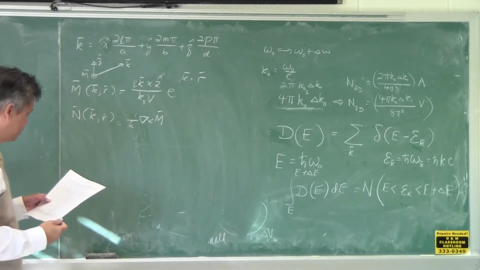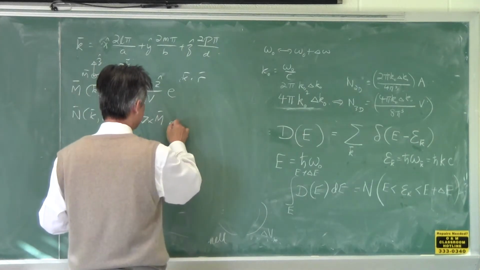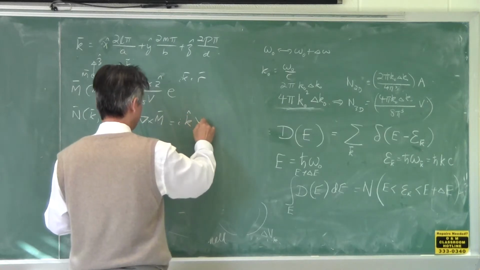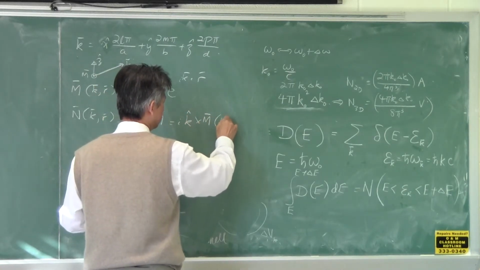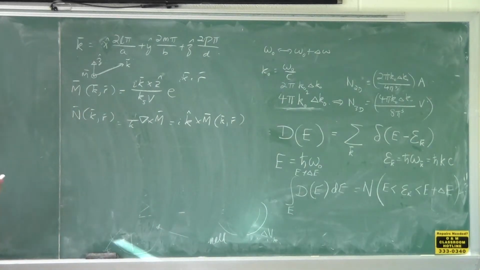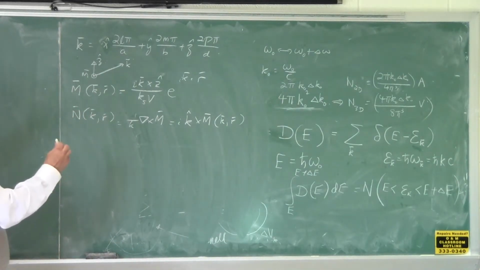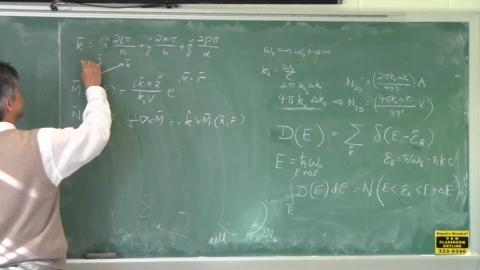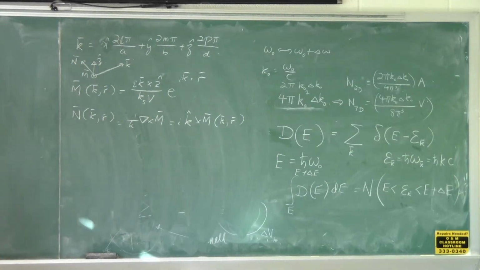If you work it out properly, it corresponds to i K hat cross M. So N points in that direction, and can be thought of as a vertically polarized mode in this periodic boundary condition. If you normalize it properly, you can easily show that the factor should be i K hat instead of i K. And this is the N function that's normalized.